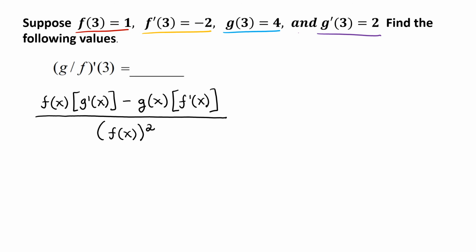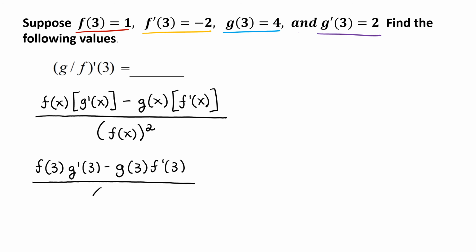And we want to evaluate this at 3, so that'll be f of 3, g prime of 3, minus g of 3, f prime of 3, all over f of 3 squared.